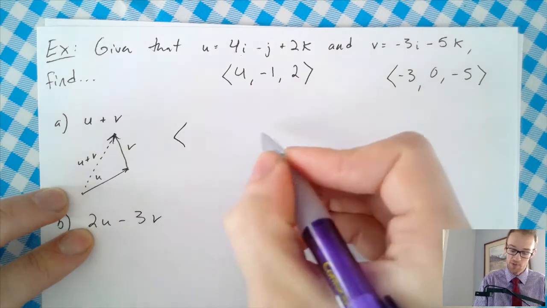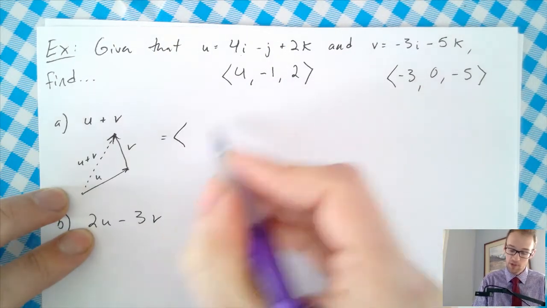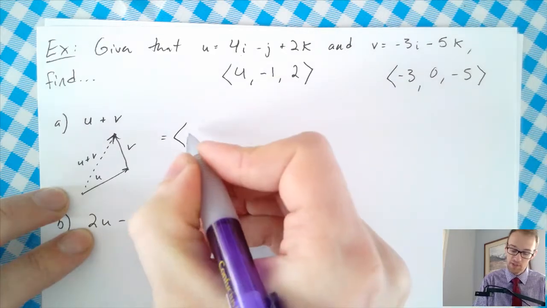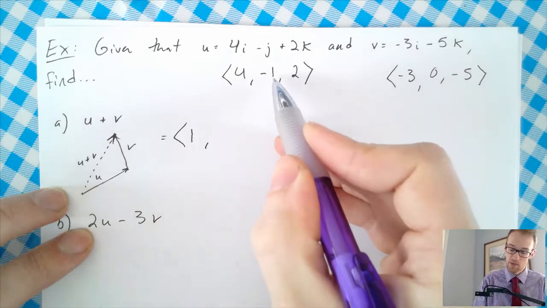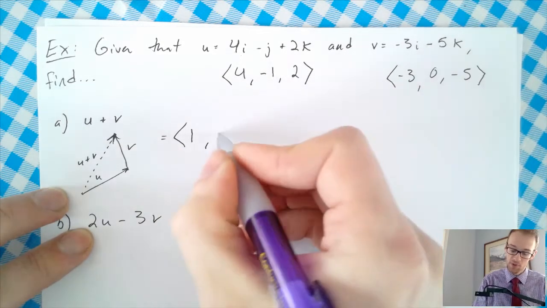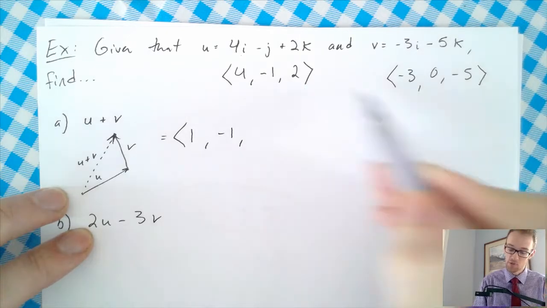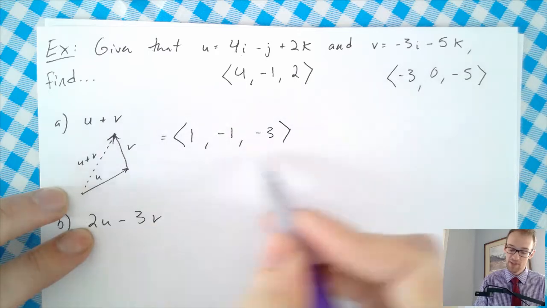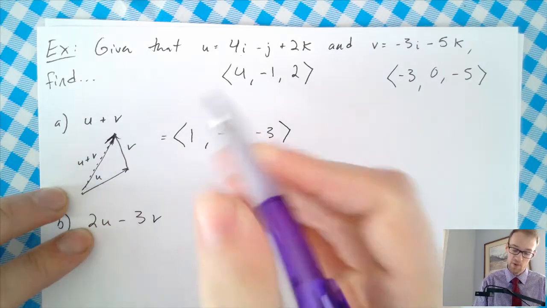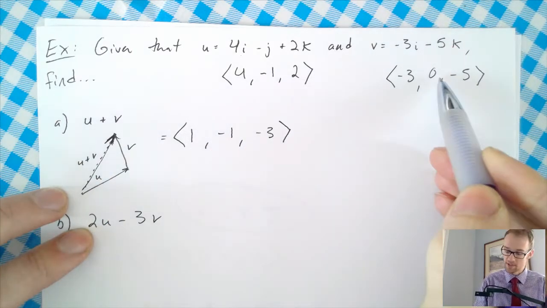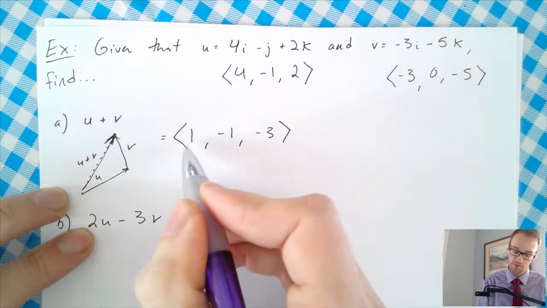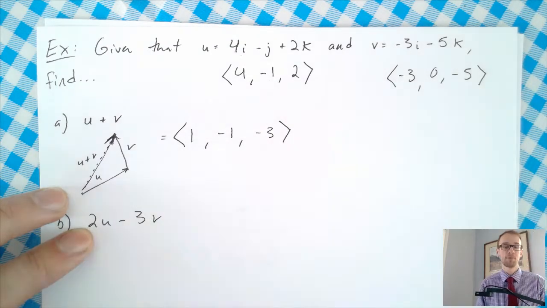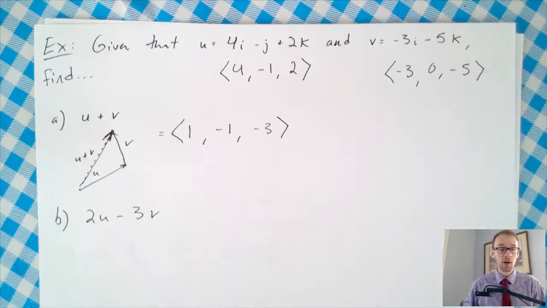So u plus v would equal the sum of 4 and -3, 1, and then the y, -1 plus 0, and then the z, 2 plus -5. So this is the vector u plus v. If I wanted to travel along this vector and then that vector, the shortcut would be to just travel along the sum.